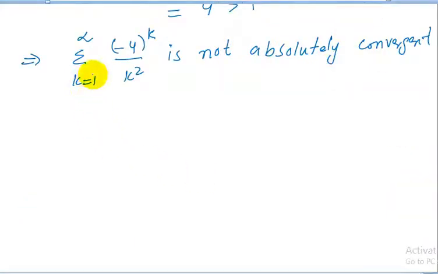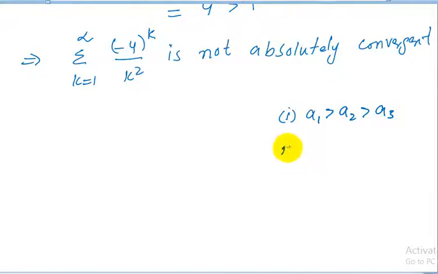Now we test this series for conditional convergence, as the given series is an alternating series. For convergence of an alternating series, two conditions must be satisfied. The first condition is that the series must be decreasing, that is, a1 is greater than a2, greater than a3, and so on.